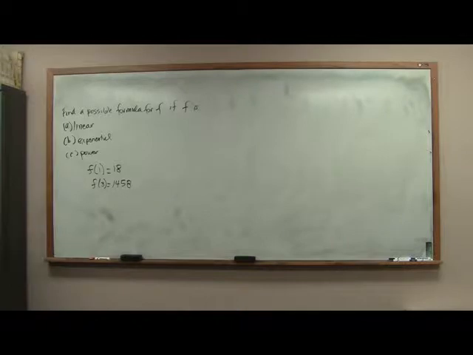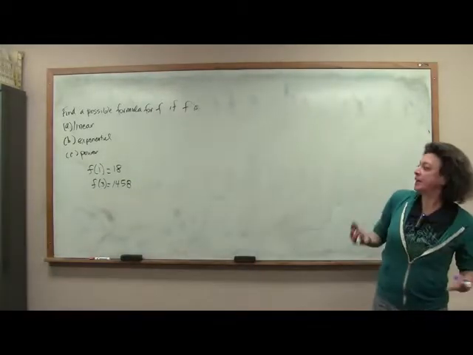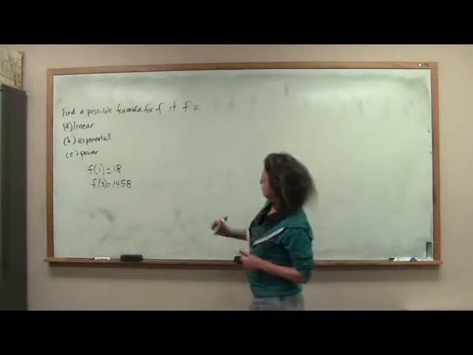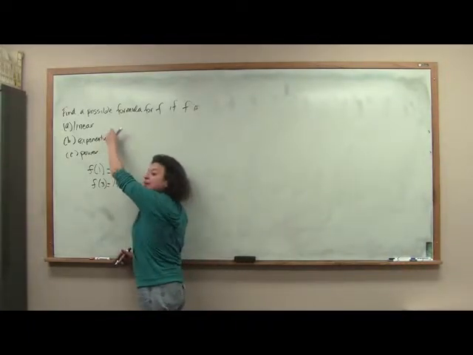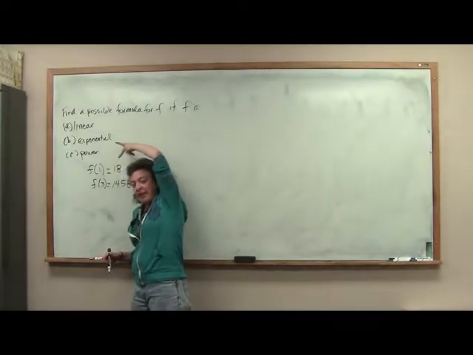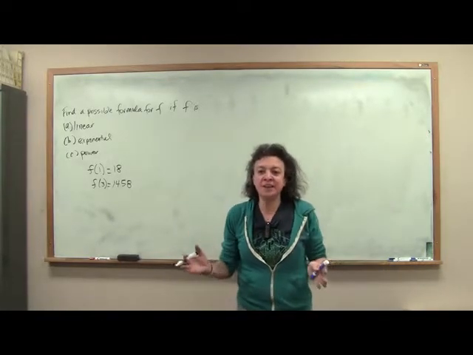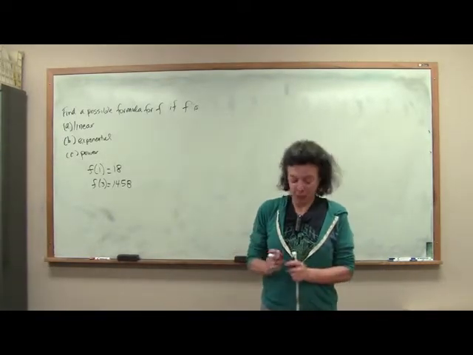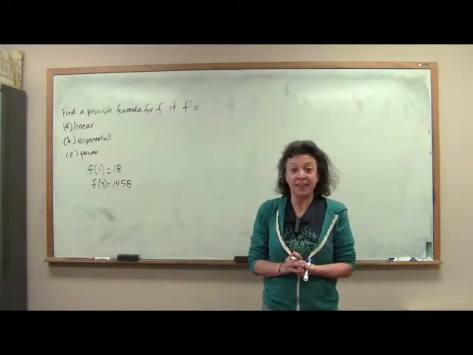So what I want us to do here is find the formula if each of these ordered pairs represents first a linear, then an exponential, and then a power function. This is a really nice last section of the course because it really asks us to bring a whole bunch of things together.